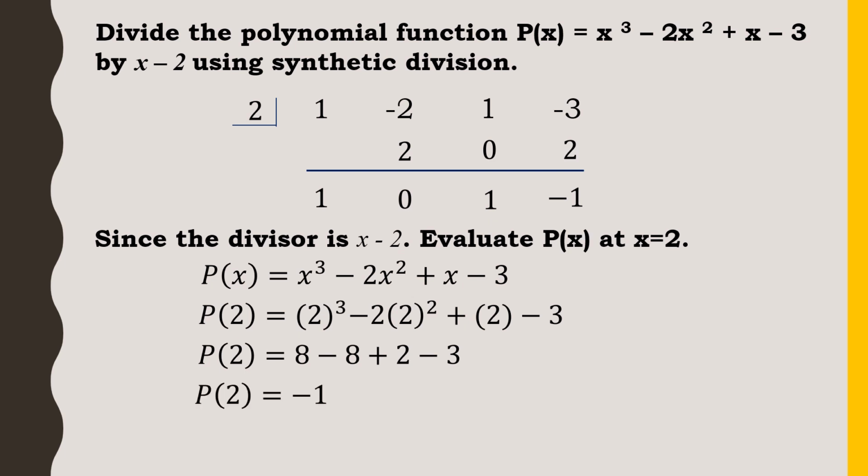Performing the operations, p of 2 equals negative 1. Notice that when the function is divided by x minus 2, the remainder is negative 1, and when the function is evaluated at x equals 2, the result is also negative 1. This leads us to the remainder theorem.